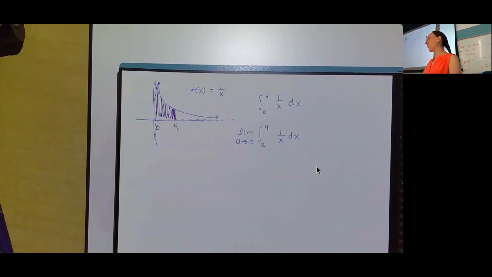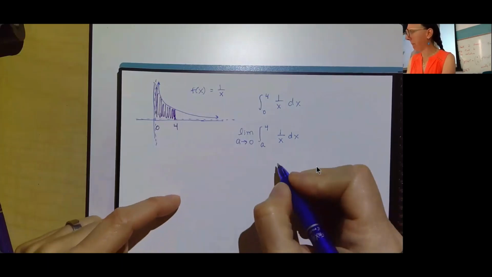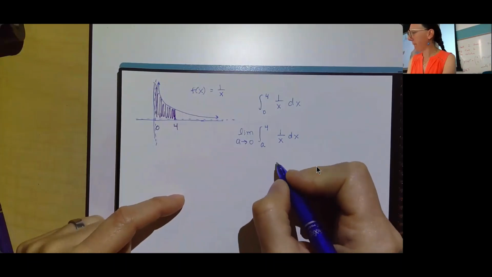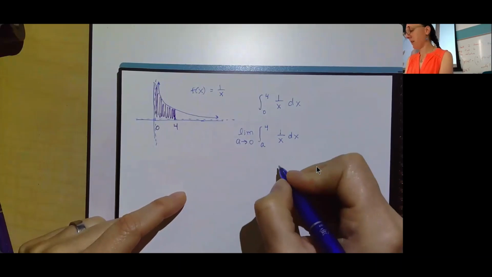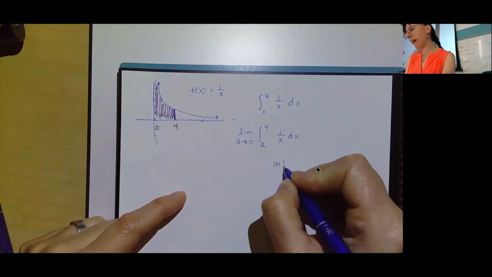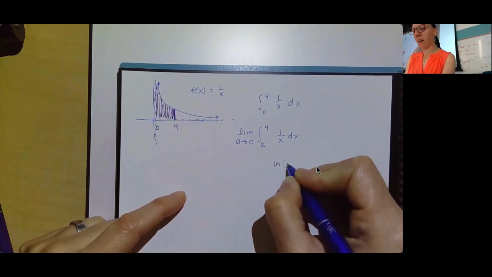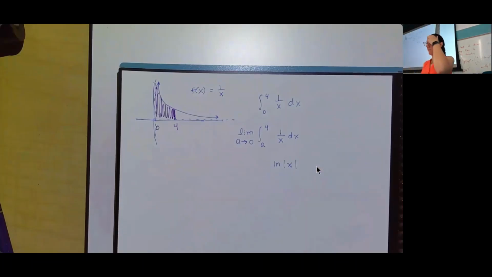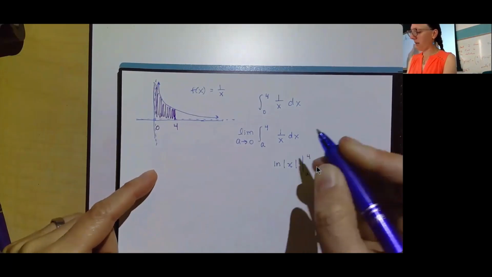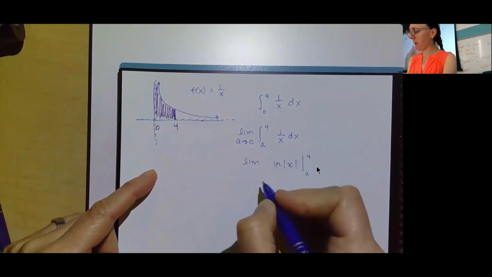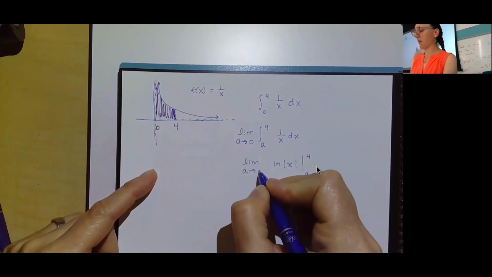So if I integrate 1 over x, what do I get? I'm going to put my absolute value on there, even though I know if we're just going from 0 to 4, the numbers are positive. But I'm going to put my absolute value on there anyway. And then we're going from a to 4, and I've got the limit as a approaches 0.